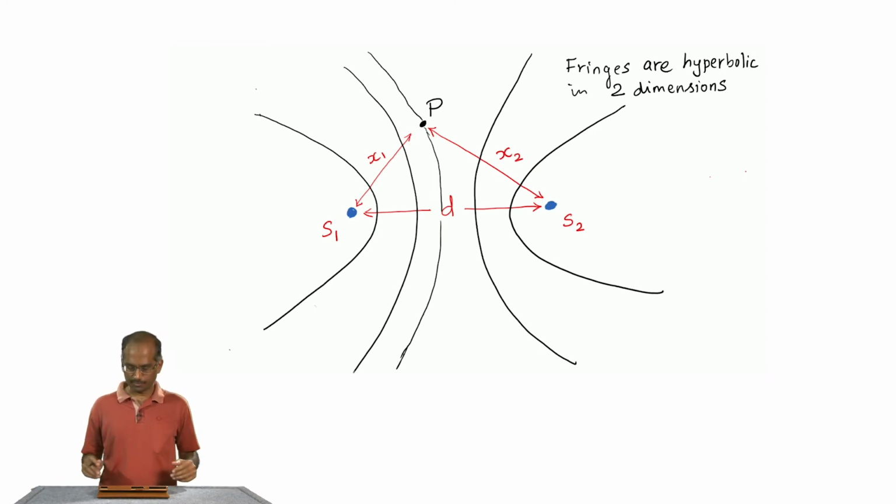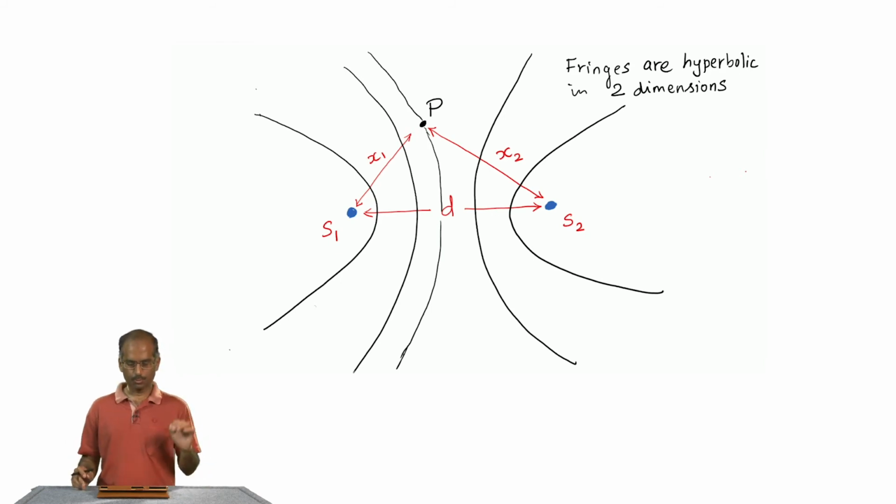The locus of points which will give us the bright or dark fringes will form a hyperbola in 2 dimensions. So, in 3 dimensions it will be this 2-dimensional hyperbola that is rotated. So, you will see patterns like this. So, there would be alternating dark and bright fringes which have the shape of a hyperbola.